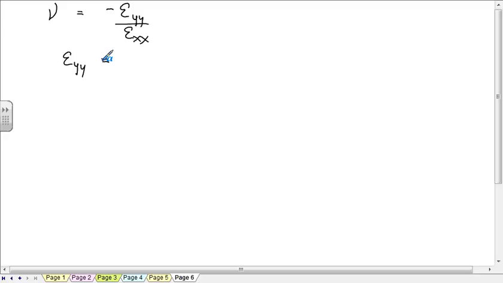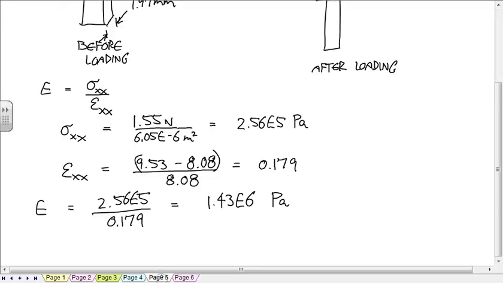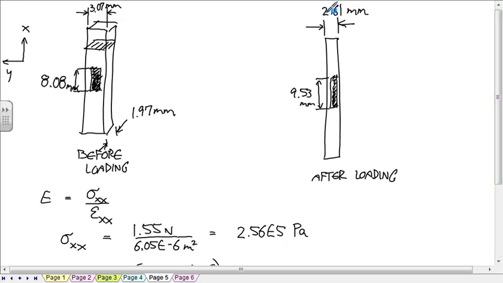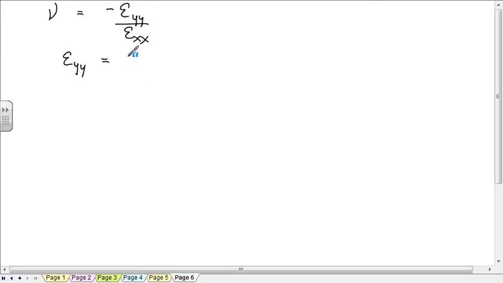EYY is equal to, so after the deformation, we're doing this one now, so 2.61, because we're doing the off-axis strain. So 2.61 minus 3.07 divided by 3.07.